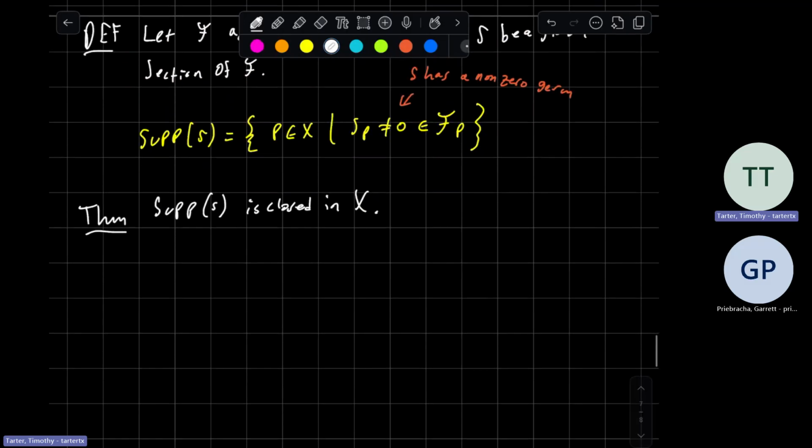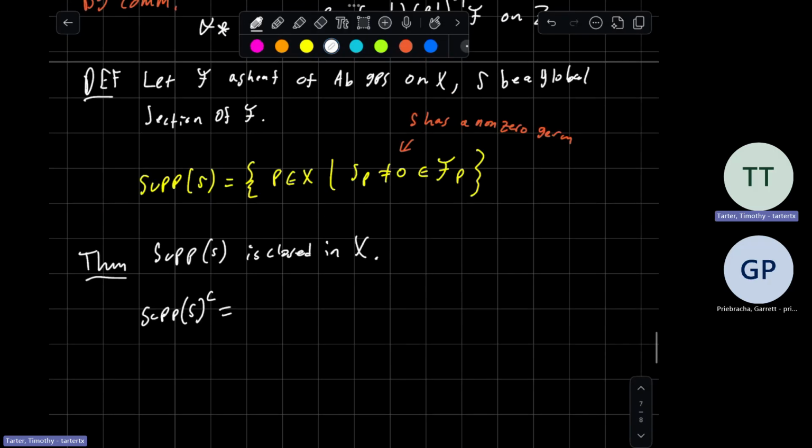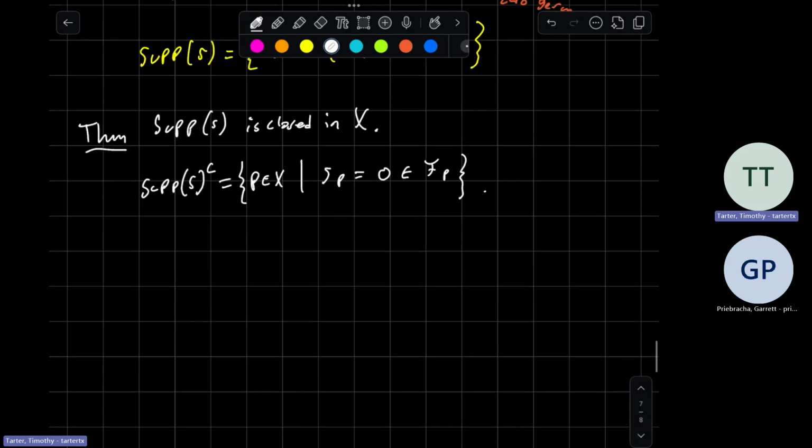Well, what's the complement of the support of s? The complement is p in X such that s_p is zero in F_p, so it has a zero stalk.